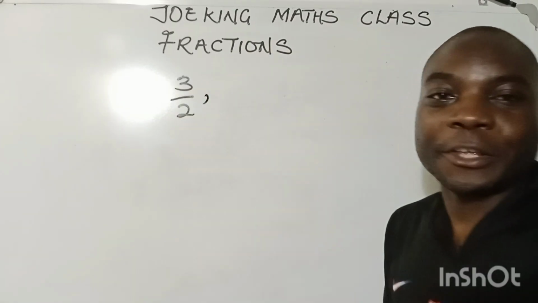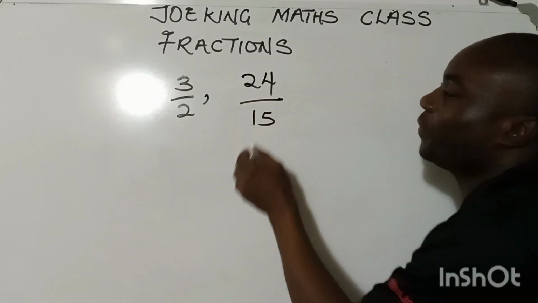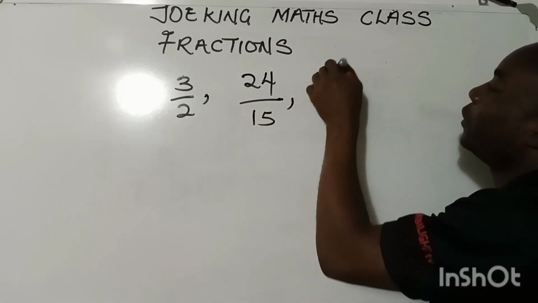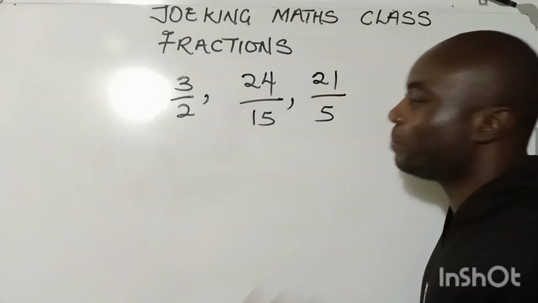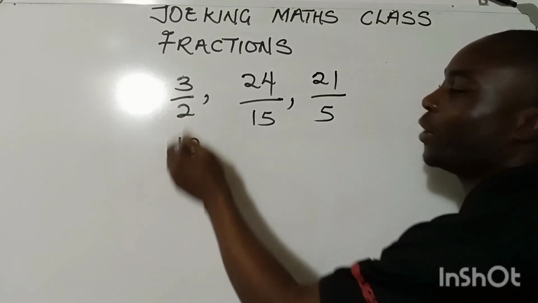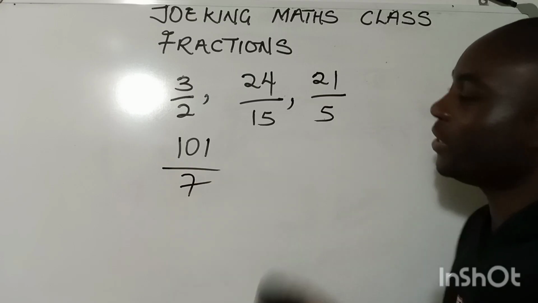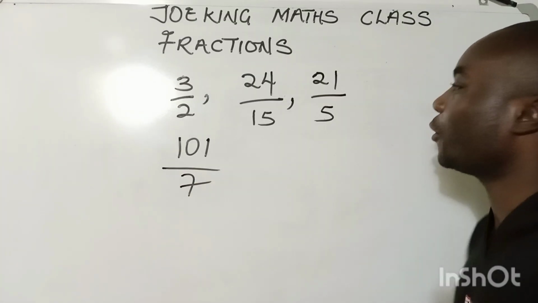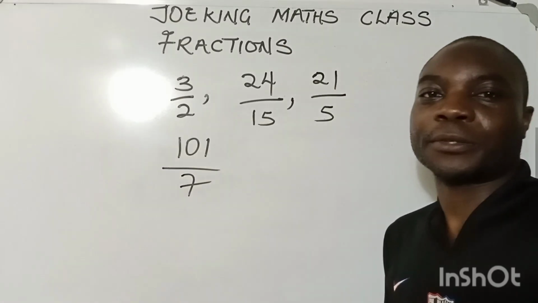Another example of an improper fraction is 24 over 15. Or we can have 21 over 5. We can mention as many as possible. We can even have 101 over 7. All these are examples of improper fractions because the numerators are bigger than the denominators.